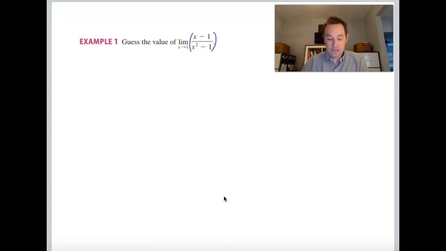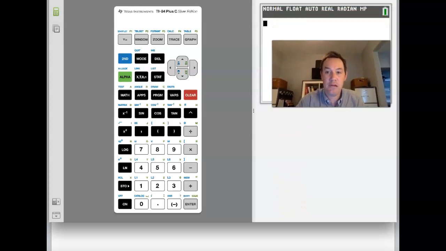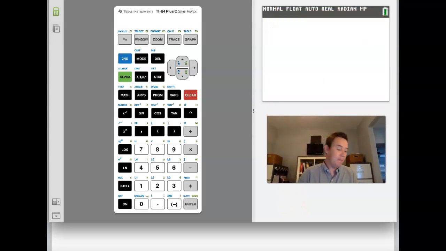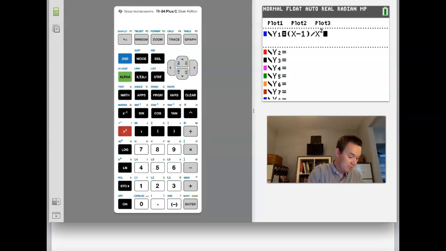So what I want to do is throw my limiting function into the calculator. So let me pull up my calculator. Move my image. There we go. So we're going to y equals, and you want to use parentheses here, so it's going to be x minus 1 over x squared minus 1.